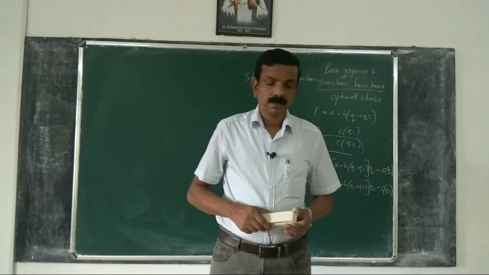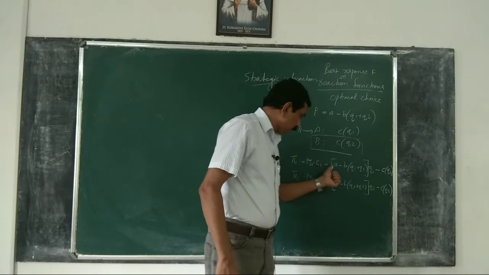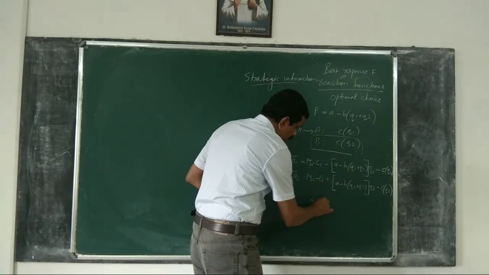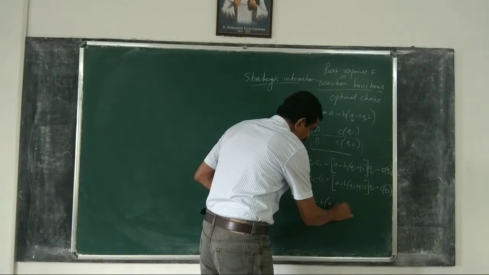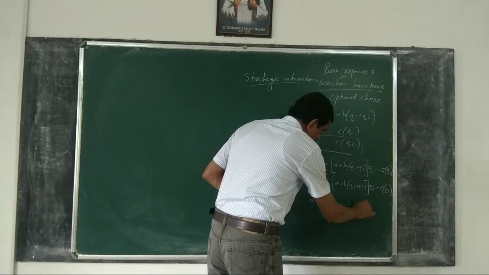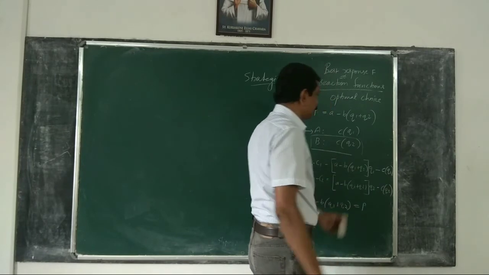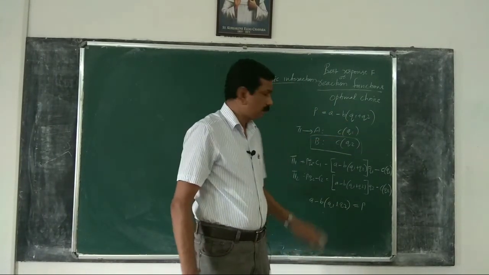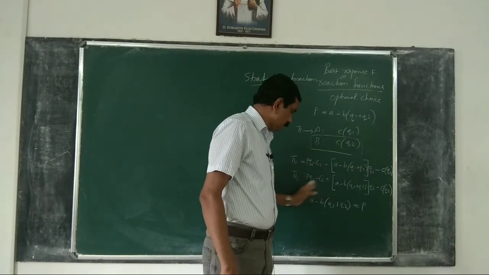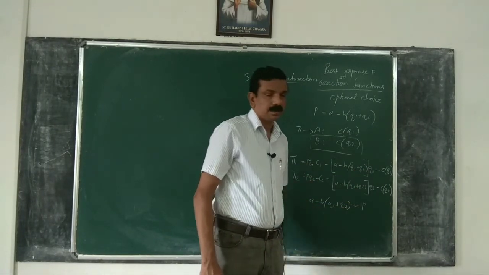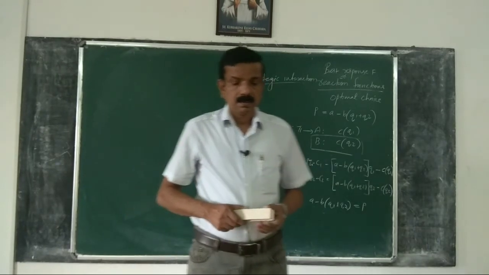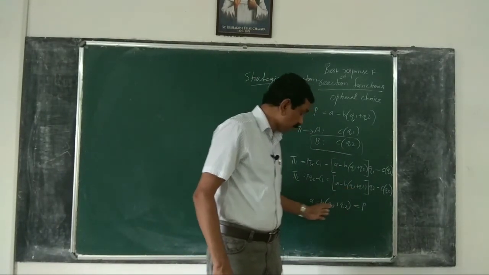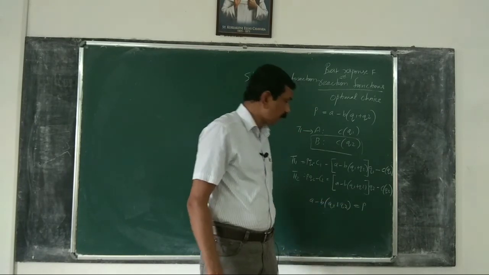And the price is given as A minus B into (Q1 plus Q2). This price is the same for both the firms. P is equal to A minus B into (Q1 plus Q2). Profit of firm 1 is P into Q1 minus C1, and profit of firm 2 is P into Q2 minus C2. As we know, the price depends on Q1 and Q2.